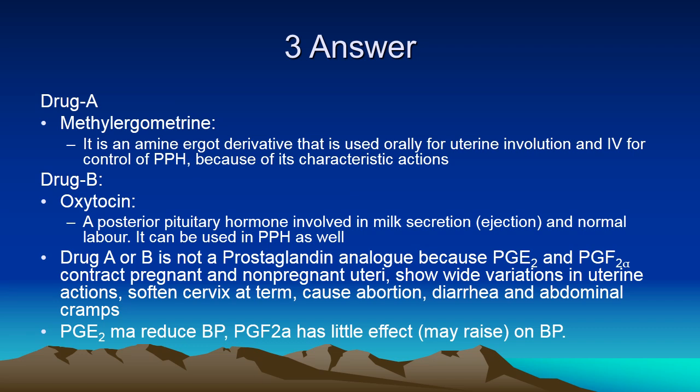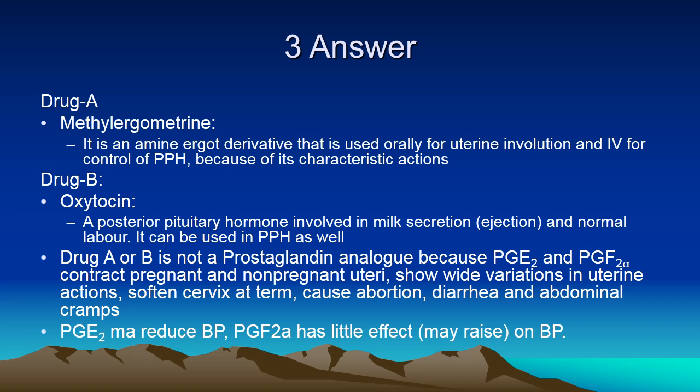B is oxytocin because it contracts the upper segment and relaxes the lower segment, and it also increases milk ejection, and that is oxytocin action per se. It can also be used for postpartum hemorrhage. Since oxytocin does not raise blood pressure, it may actually fall because of some vasodilatation.